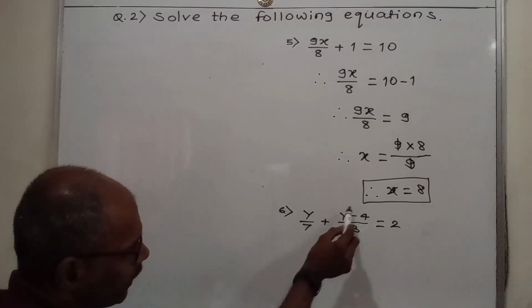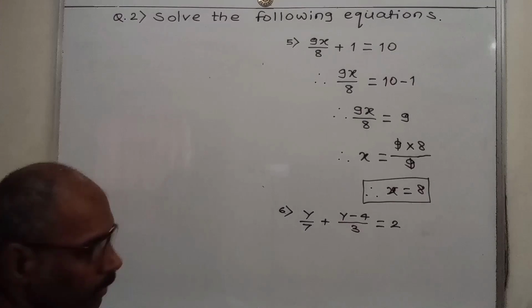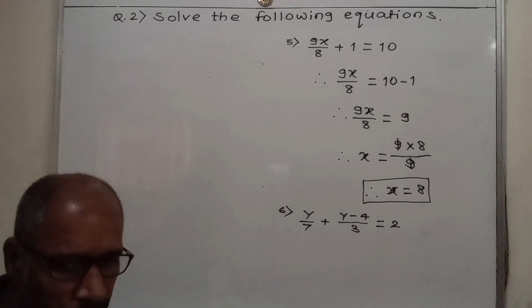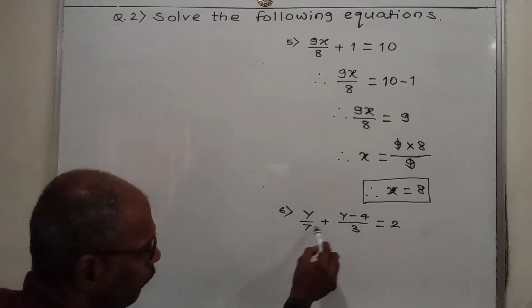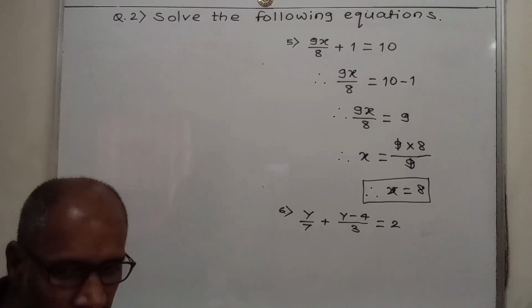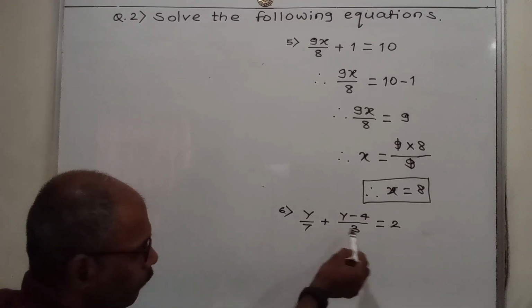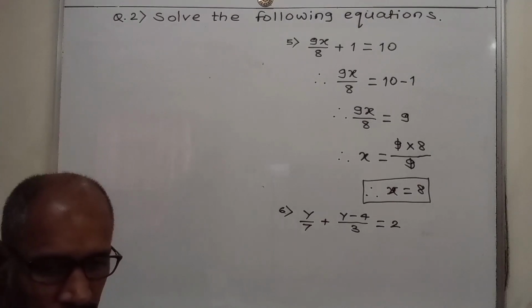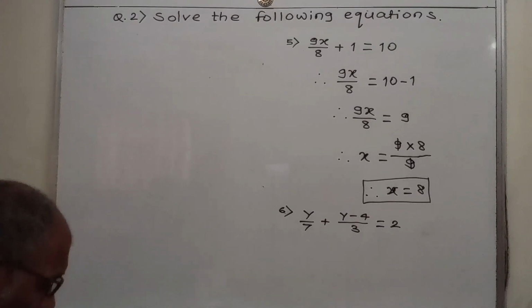Then see, these are fractions, here plus or minus, then cross multiplication. Cross multiplication means we equate denominators. You may have studied this in 5th, 6th standard. Equate denominators of given fractions like this.